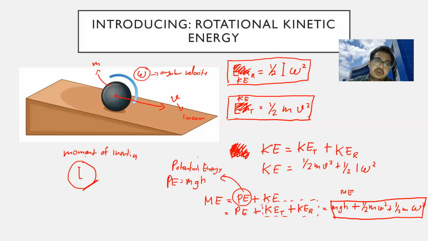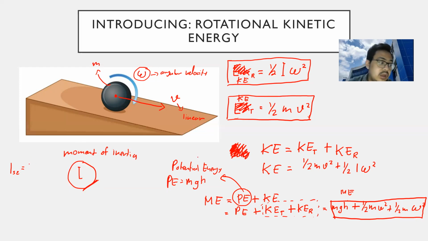But don't forget about the term moment of inertia. Moment of inertia here could be different for different kinds of objects. For example, the moment of inertia of a solid cylinder is equal to, okay, I cannot remember it off the top of my head one by one, so it's okay, I will give it to you on the exam.